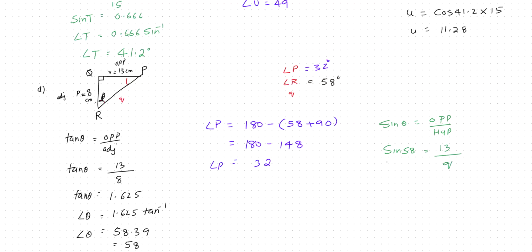So Q times sine 58 equals 13 times 1 is 13. Now divide by sine 58 both sides. This cancels. So side Q equals 13 over sine 58.